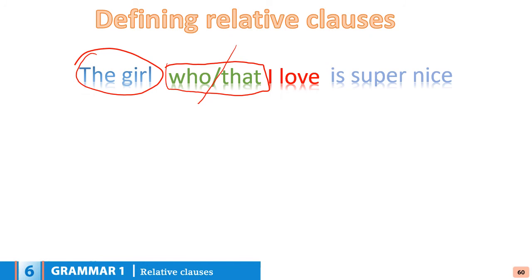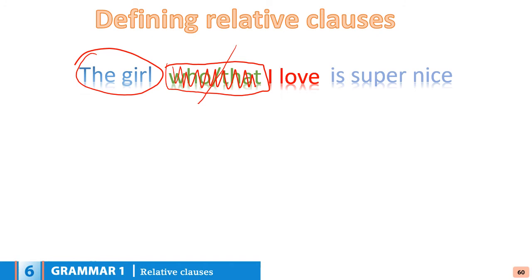And here comes the funny thing about it. You can use who, you can use that, or you can remove both of them. The girl I love is super nice. So it's up to you how you want to say it. I'm going to give you three options.